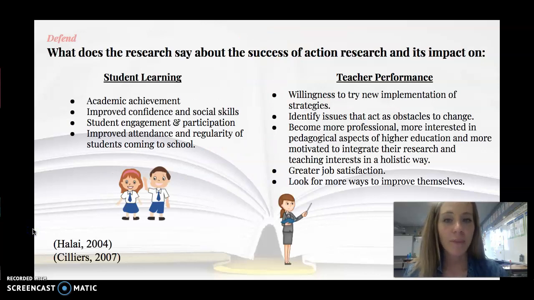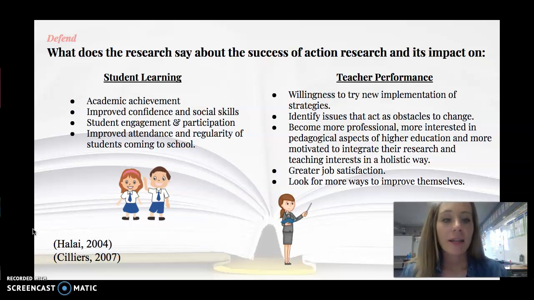What does research say about the success of action research and its impact on student learning and teacher performance? For student learning, it can impact academic achievement, improve confidence and social skills, student engagement, participation, and even improve attendance and regularity of students coming to school. For the teacher performance, teachers will have more willingness to try new implementation of strategies.